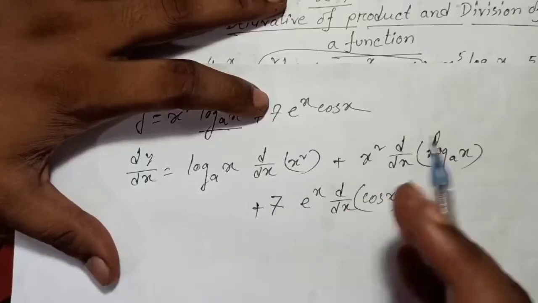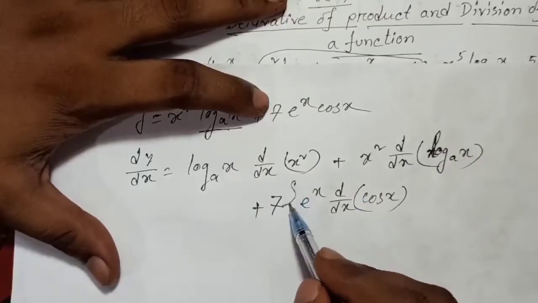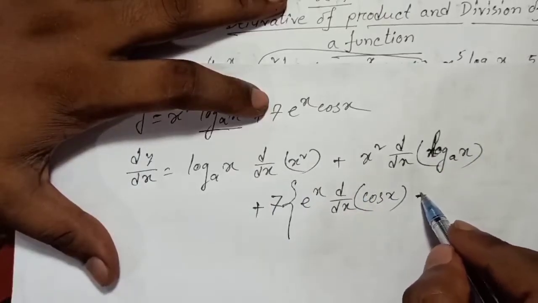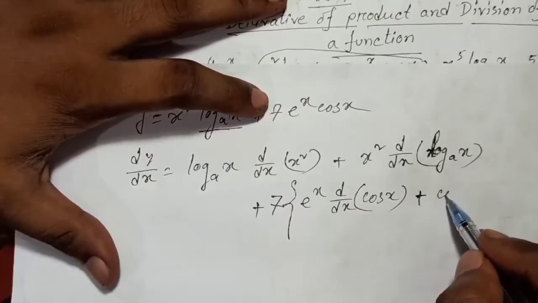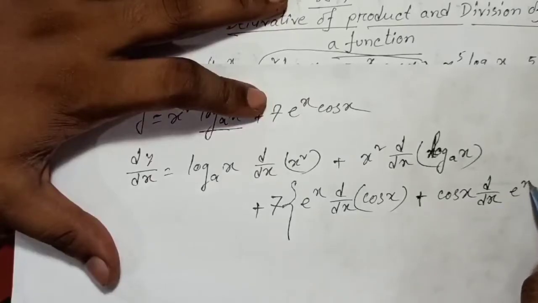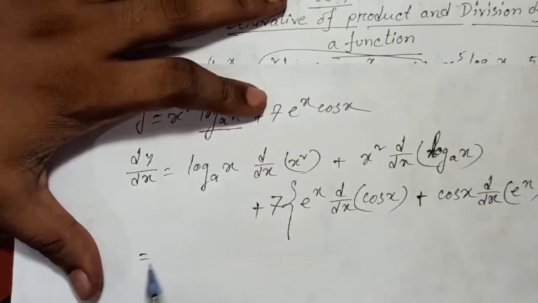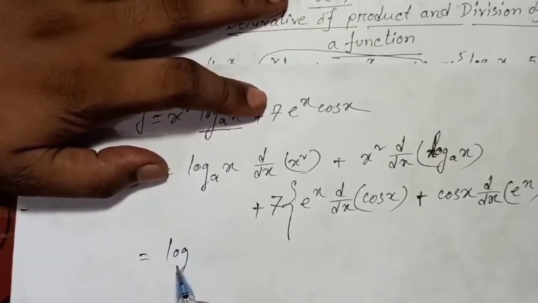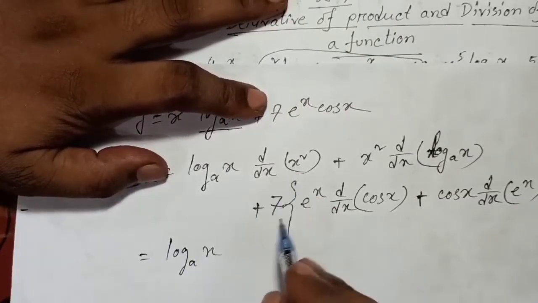As 7 is for both, that's why I have to give a bracket, then cos x and d/dx of e to the power x. So here, log base a x times d/dx of x squared equals 2x from the formula x to the power n.